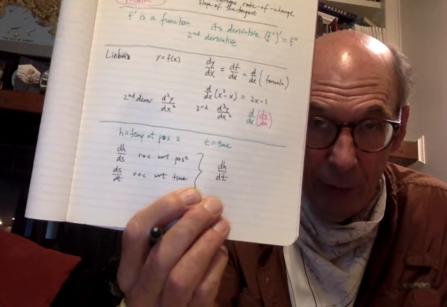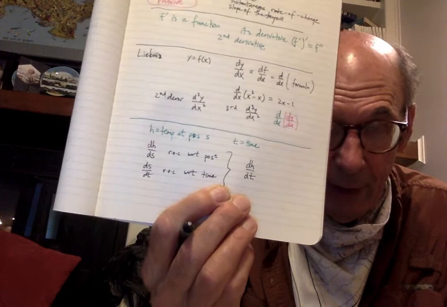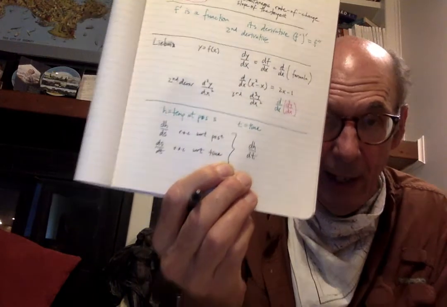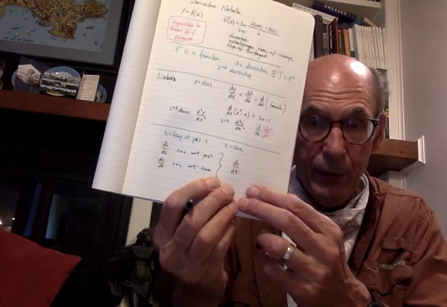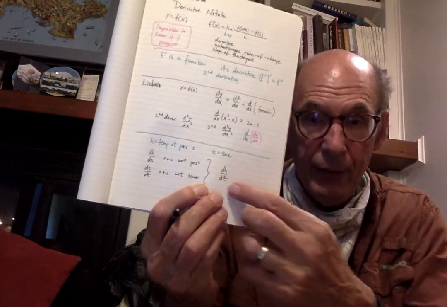And now I'm going to show you something that is one of the most important things in calculus. How does the derivative of a composition, T goes to S, S goes to H, that's a composition, how does the derivative of that composition work? And it is really remarkable.